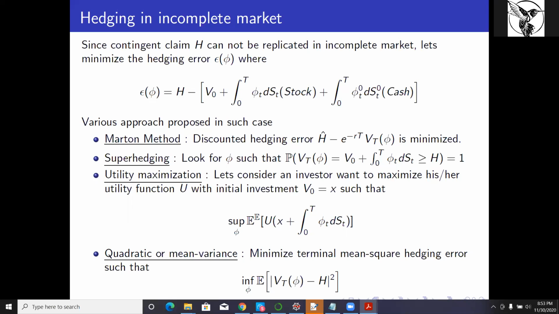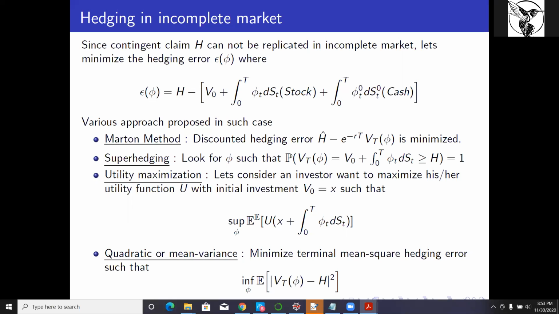The third one is very interesting, which is called utility maximization, where there is an investor with some utility function, and the investor has some initial investment amount V0 equal to, say, X. Obviously, if I'm an investor, I will have some initial investment amount and some utility. Say I want to maximize something, not always the profit, but maybe something else.